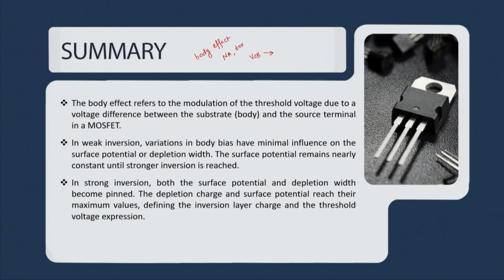We defined different values with respect to gate to body voltage and contact to body voltage, or VCB and VGB. We have also defined the threshold voltage with respect to gate to contact voltage, and we found that when you increase VCB, the points get shifted upward, meaning the threshold voltage will shift upward. You require more gate voltage to get the same amount of inversion when VCB comes into the picture.